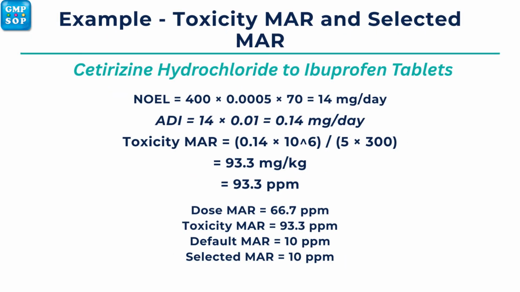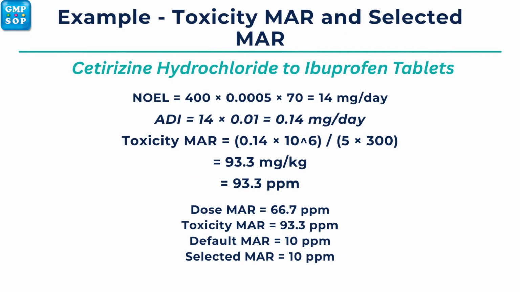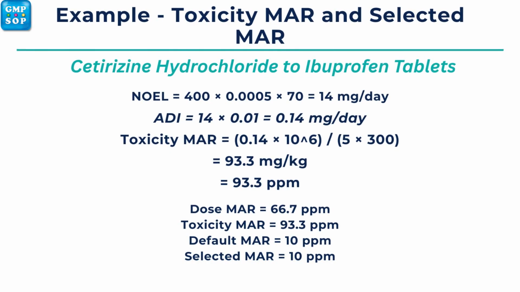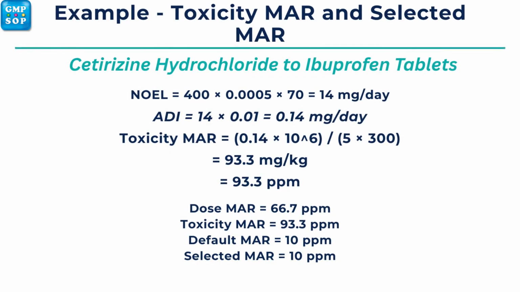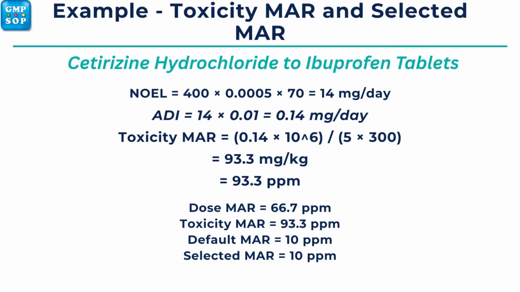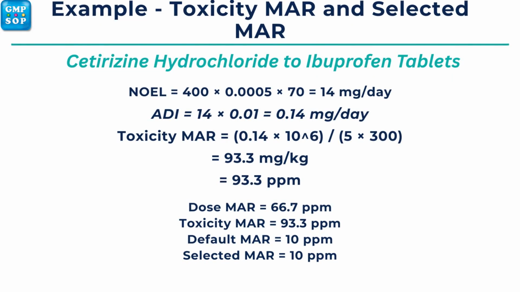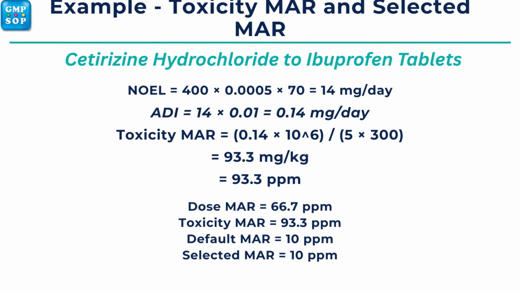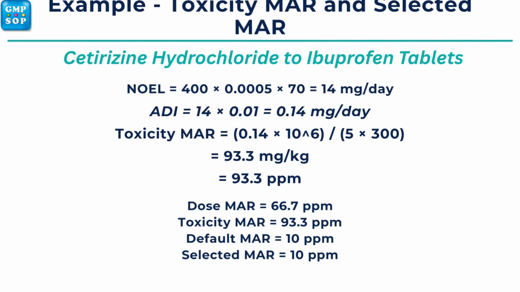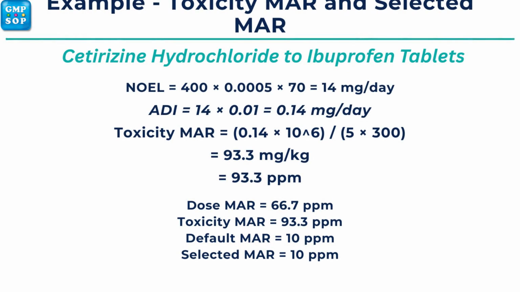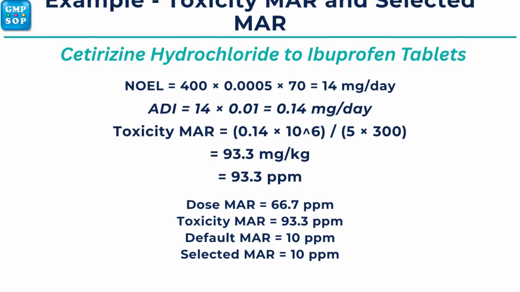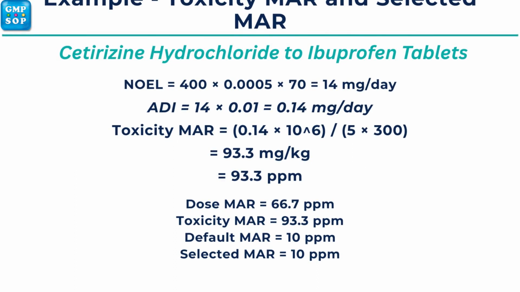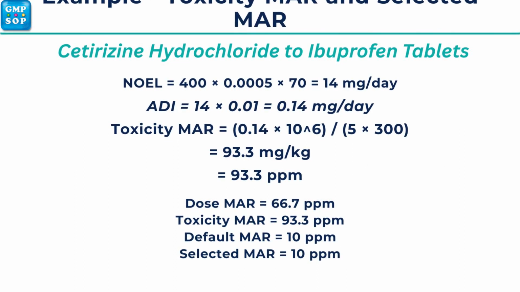Now calculate toxicity MAR. NOEL equals 400 multiplied by 0.0005 multiplied by 70. This equals 14 milligrams per day. ADI equals 14 multiplied by 0.01. This equals 0.14 milligrams per day.